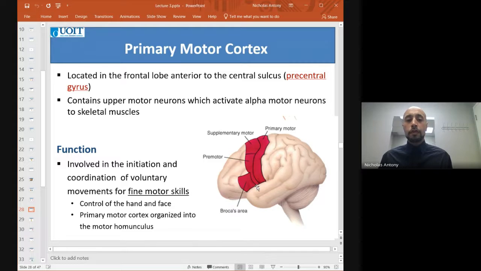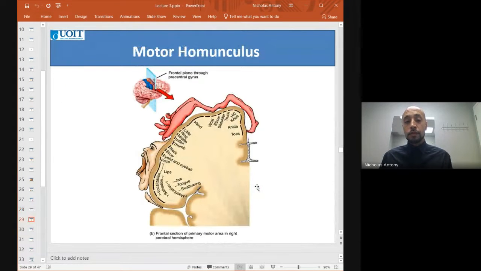Now, do you guys remember the term motor homunculus? This is a graphical representation of the part of the body that part of the primary motor cortex is associated with. You might remember this question from Intro to Movement Neuroscience: why do we have such a big graphical representation for the hand and the face inside of the primary motor cortex?